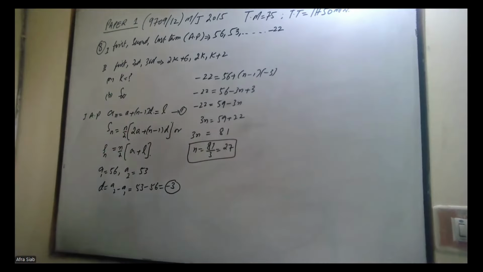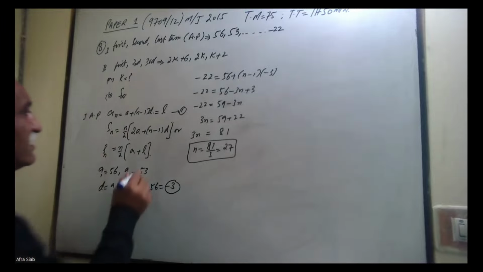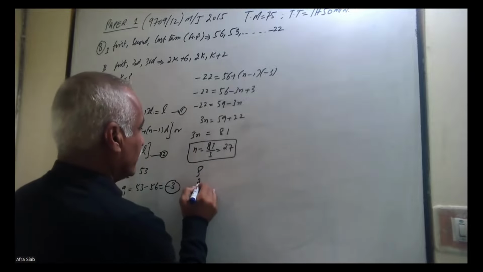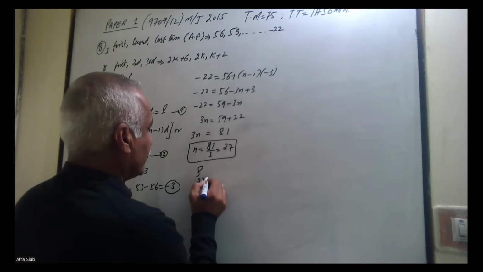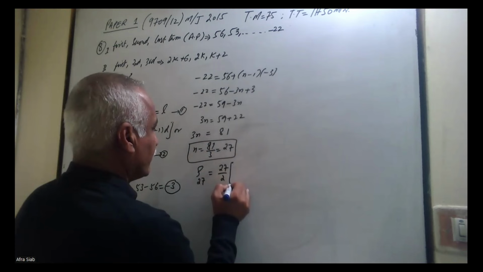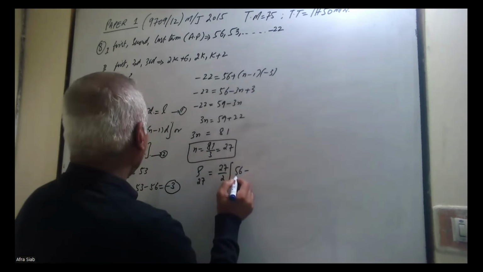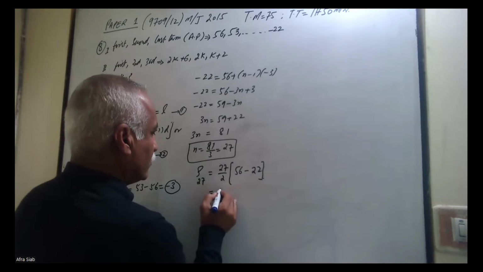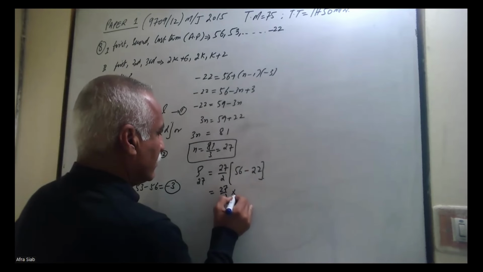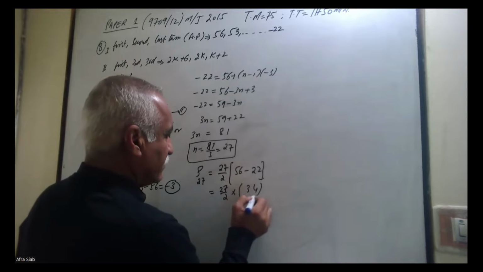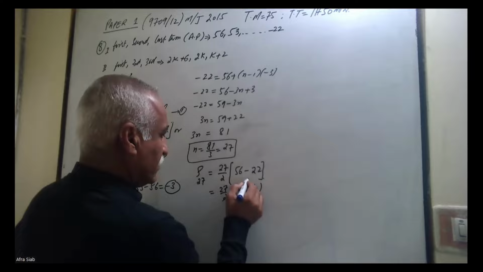Now we can use the sum formula, the second formula. So the sum of these 27 terms is equal to 27 over 2. The first term is 56 and the last term is minus 22. So that is equal to 27 over 2 into 56 minus 22, that is 34, and half of that is 17.